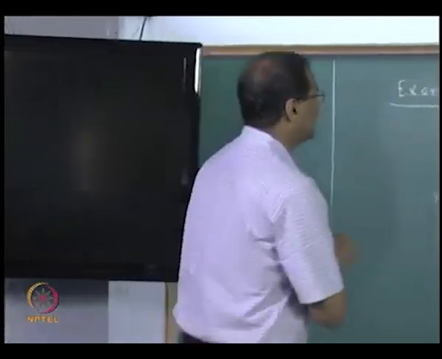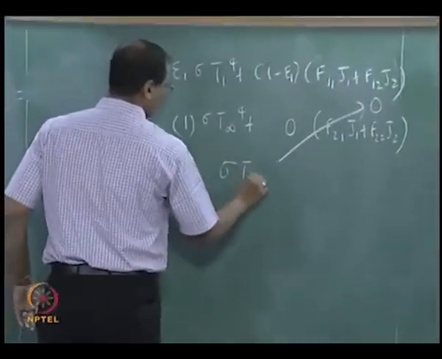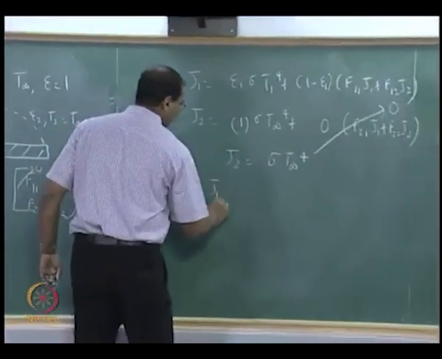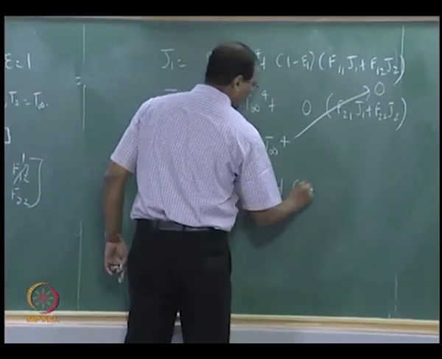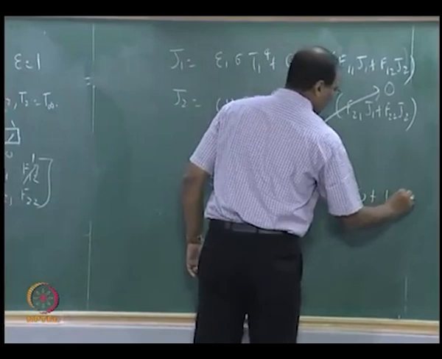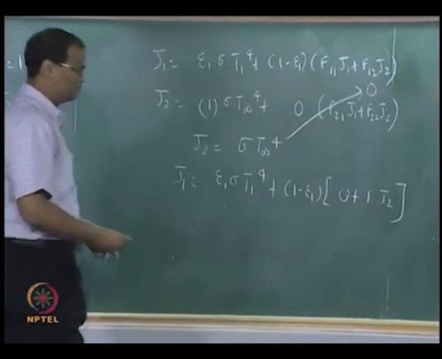Now therefore J2 is straight away sigma T infinity to the power 4. J1, correct, F11 is 0.